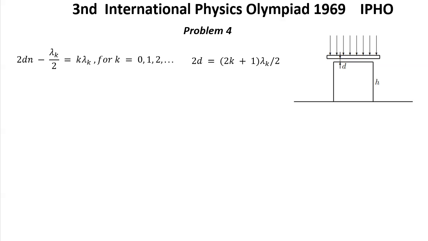So here d is the thickness of the layer, and we assume that n equal 1 and k is the maximum order. Let us denote that lambda prime equal 1150 nanometers.